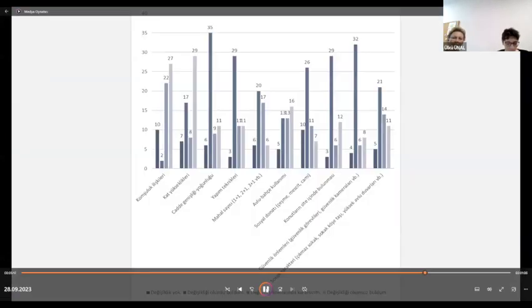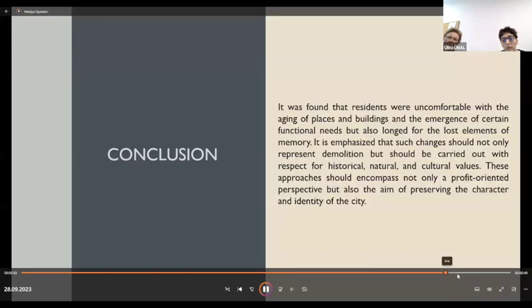Observed change in the traditional housing fabric or in civil architecture examples, housing structure in the area during the removal of traditional housing fabric and the construction of new housing and gated communities. It was found that residents were uncomfortable with the aging of places and buildings and the emergence of certain functional needs, but also longed for the lost elements of memory.